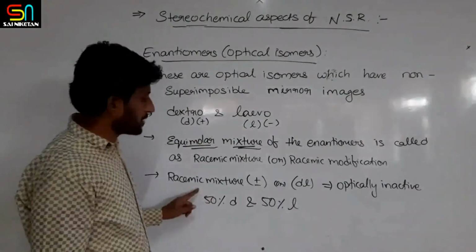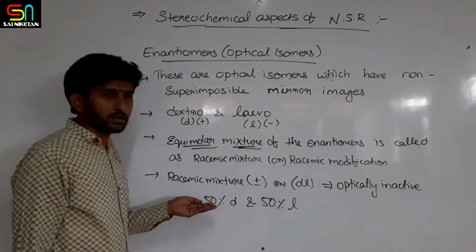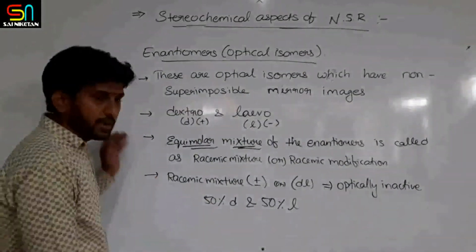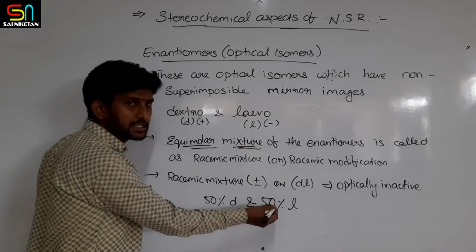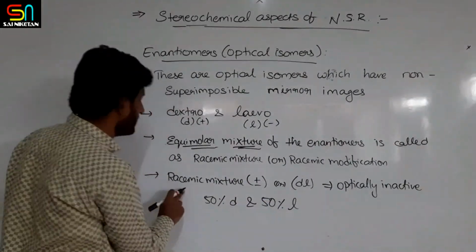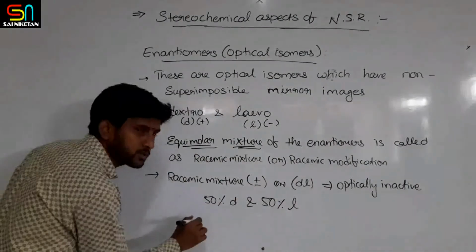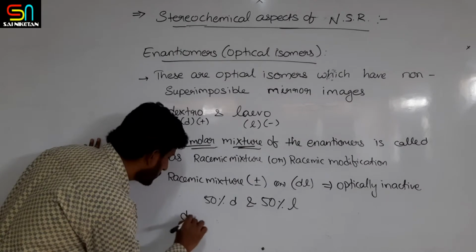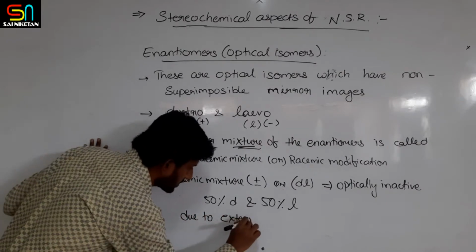That is why a racemic mixture, or racemic modification, is always optically inactive, because the D isomers cancel the optical activity of the L isomers, or vice versa. This is what we call due to external compensation.